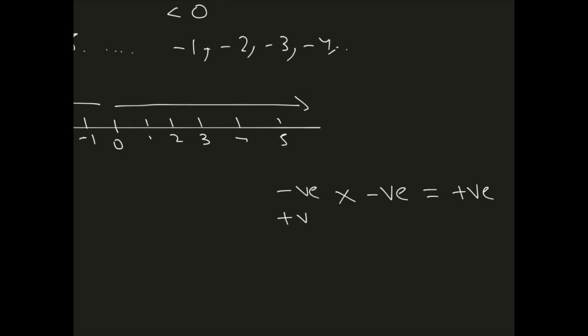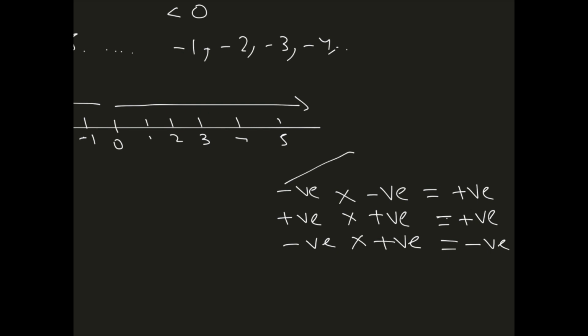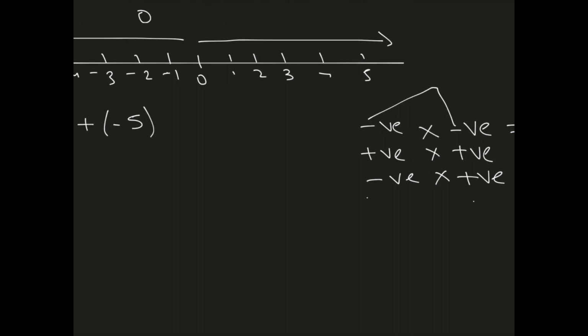In the same way, a positive number multiplied by a positive number will give a positive number. And a negative number multiplied by a positive number gives a negative number. So when the signs are the same, we have a positive outcome, and when the signs are different, we have a negative number in the result.